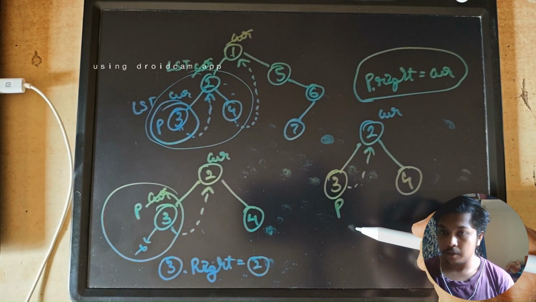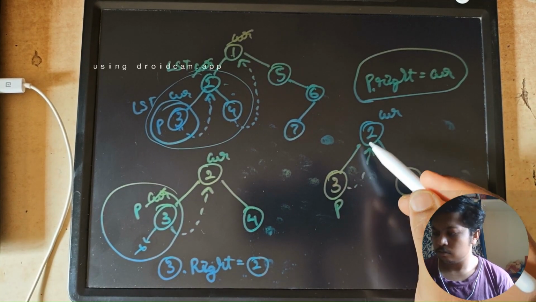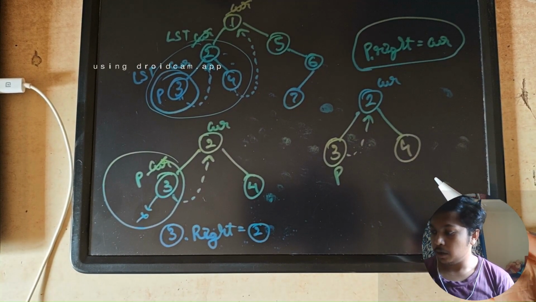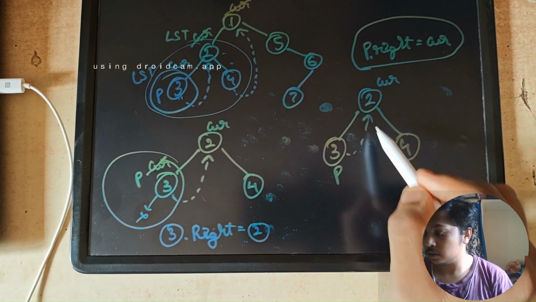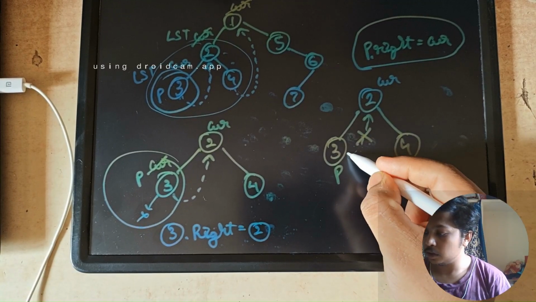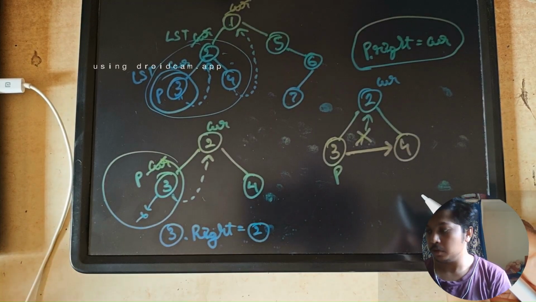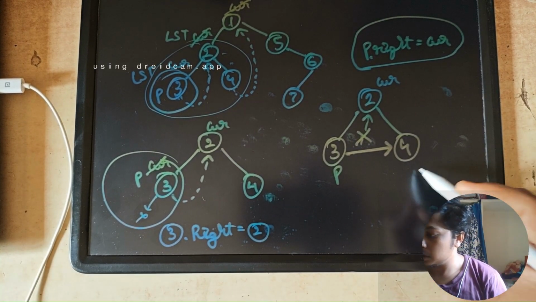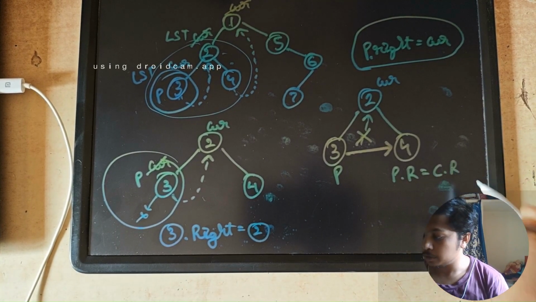So what I will be doing is I will try to flatten it, by intuition we could see, I try to break this right part and put it towards the right node of the current. So what I will do is P dot right is equal to current dot right.